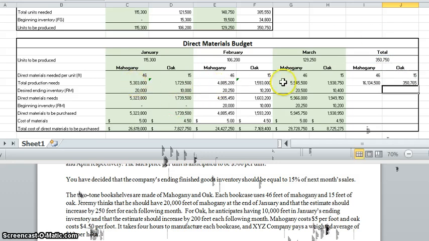these 3 added up. Now, when it comes to our desired ending inventory, this is where I do see usually some mistakes, but there's really 2 ways to do it. When we're doing the quarter, technically, the desired ending inventory is based on the final month.